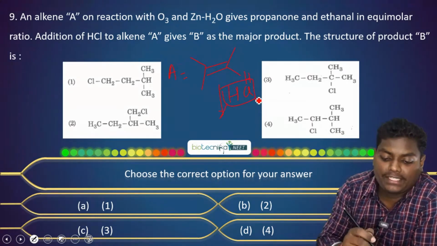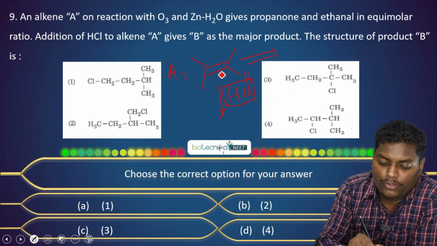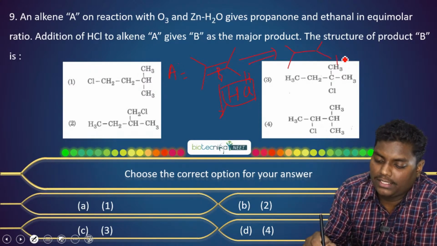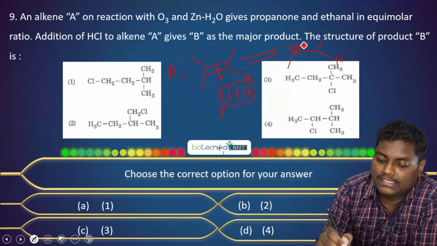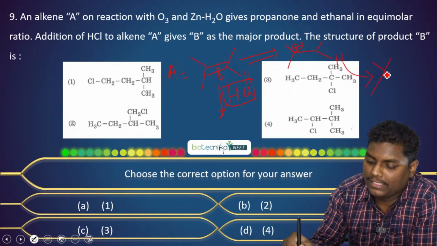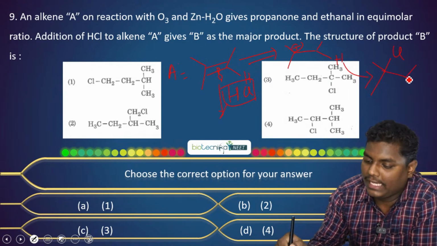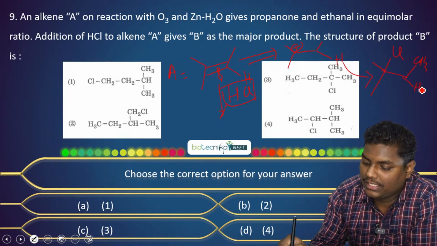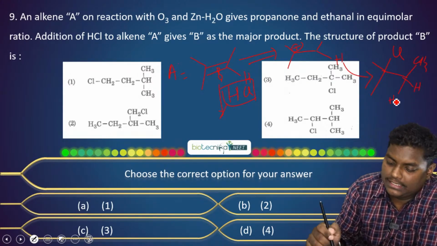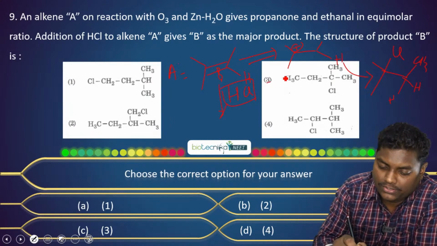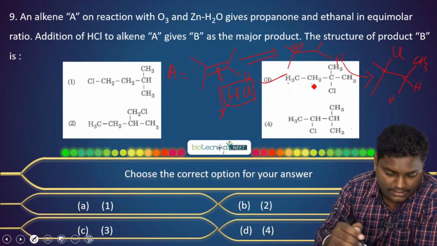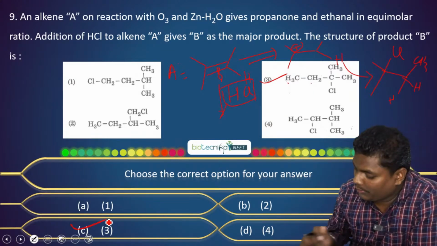Just imagine breaking this pi bond and see which has the more stable carbocation. This is the tertiary carbocation, which will be more stable. So the product will have Cl attached here and CH3, H here. So the product that we are looking at is option 3, CH3, CH2, Cl attached, so it's option C. I hope this is clear.